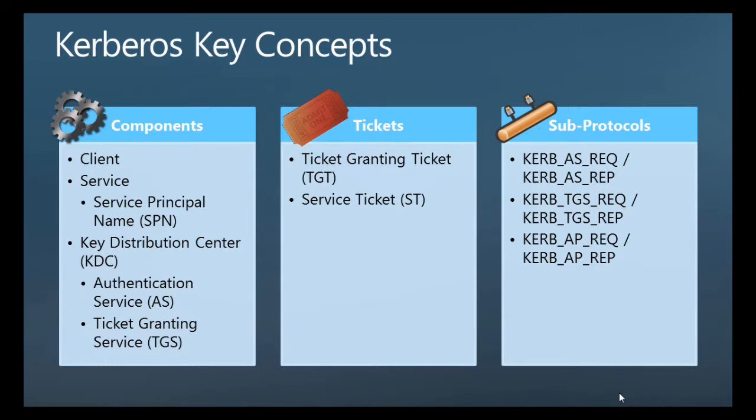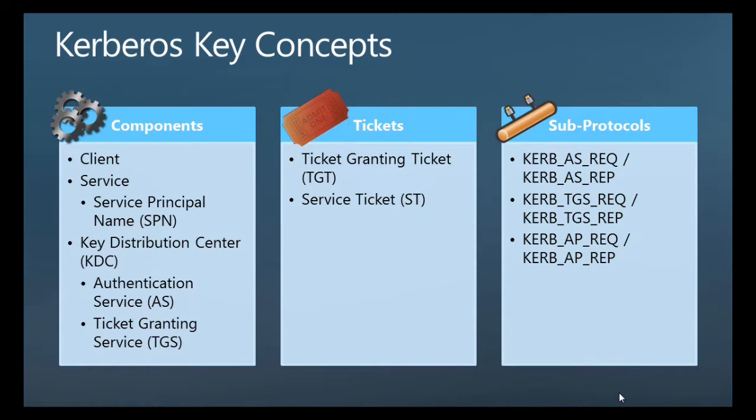And that Active Directory controller has 2 key services that are going to be giving us the tickets we need for this authentication scheme to work. The first is the authentication service, and the second is the ticket granting service. We'll take a better look at both of those in a second. Now, there are 2 types of tickets you need to be aware of.